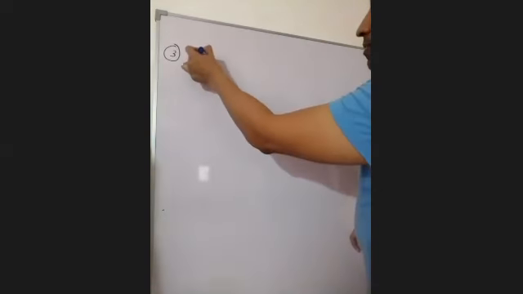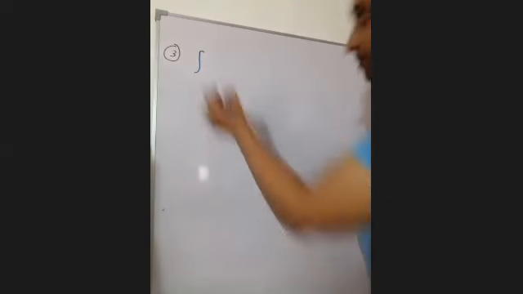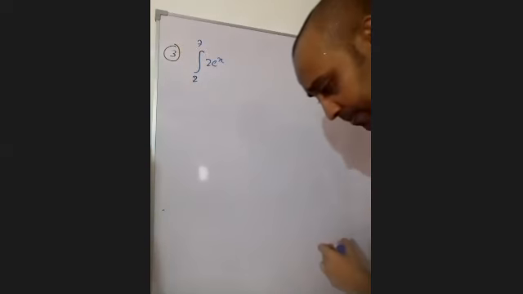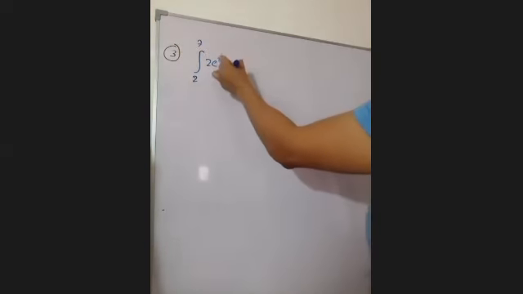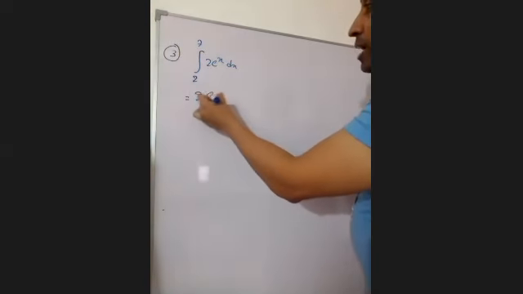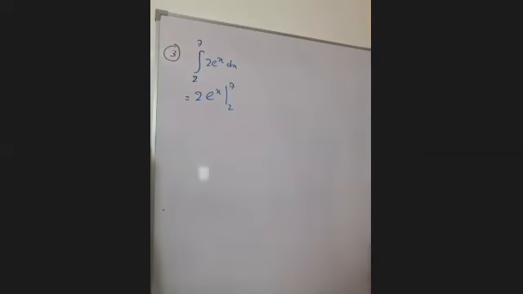Then the next part is the integration from 2 to 7 of 2 e to the power x dx. In this case, this is a pretty simple integration. That is 2 e to the power x from 2 to 7, because the integration of e to the power x is e to the power x.